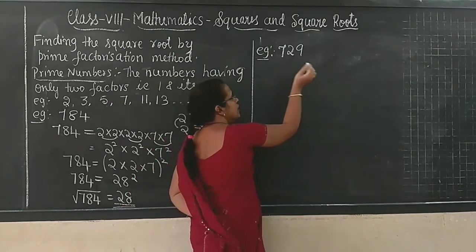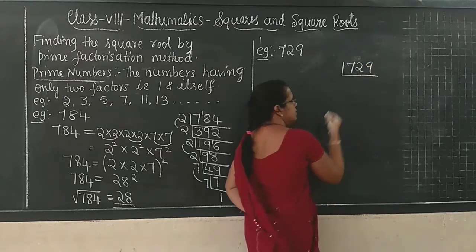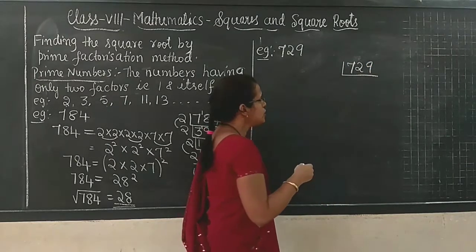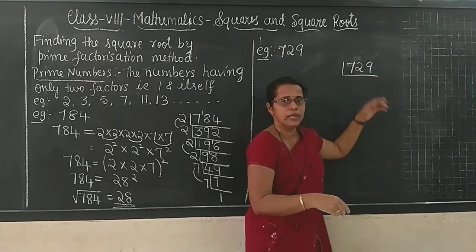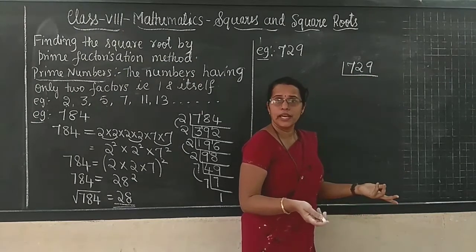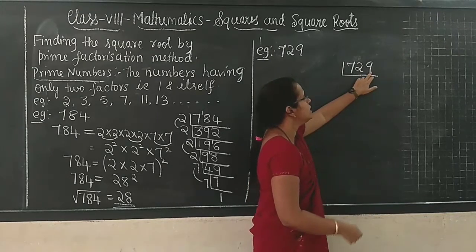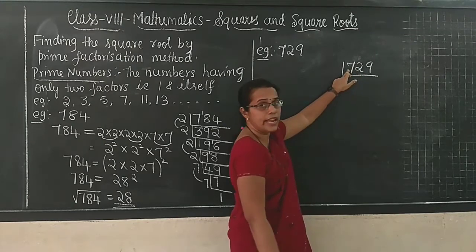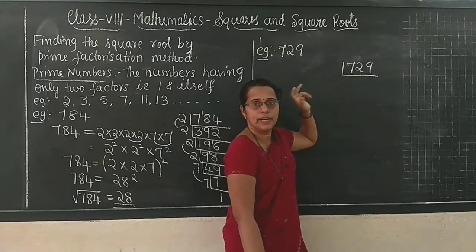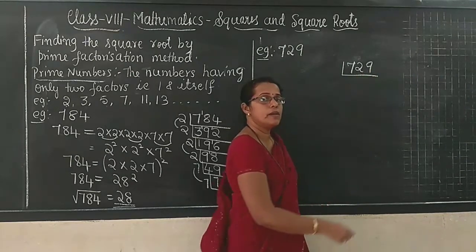Now take my factorization. 729. Which table may it come in? You can try 3, because the last number is 9, it may come in 3 or 7. Just add the digits: 9 plus 2 is 11, 11 plus 7 is 18, which means it may come in the 3 table. Sum of digits 18 means it is divisible by 3.